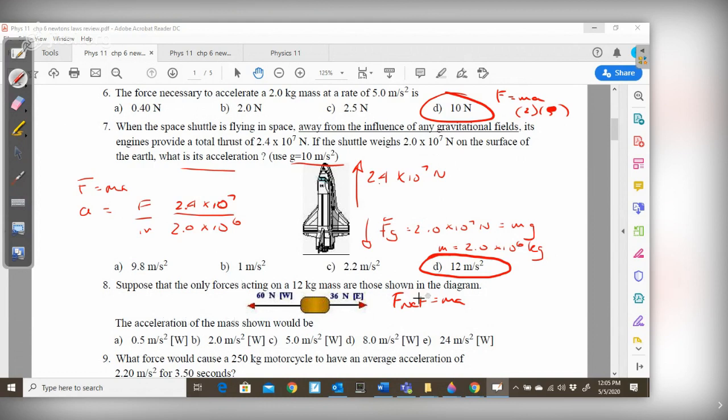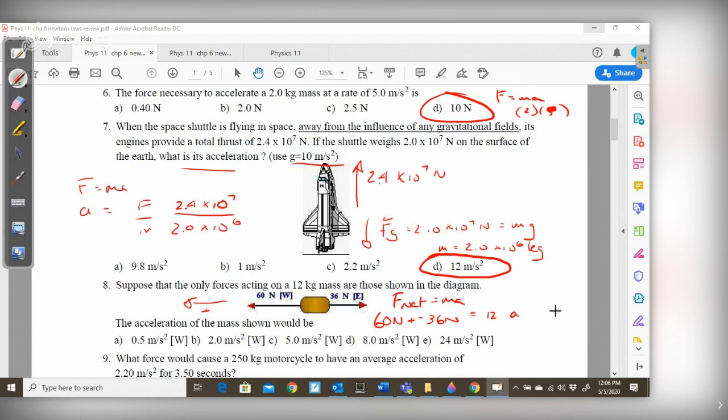All right, so here we are. We're talking about the net force here. If we choose that direction to be positive, they're acting on a 12 kilograms. So our net force is the sum of our forces. We're going to have 60 newtons plus a negative 36 newtons because it's going in the opposite direction, equaling our 12 times the acceleration.